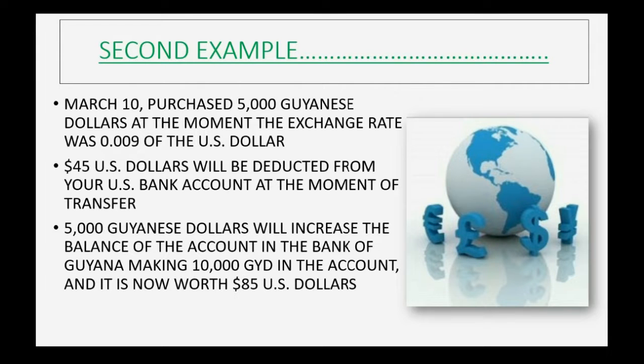But only 5,000 Guyanese dollars will increase the balance of the account in the Bank of Guyana, making 10,000 Guyanese dollars in the account, which is now worth 85 US dollars. Now, we would enter this in the same way that we entered the previous example.